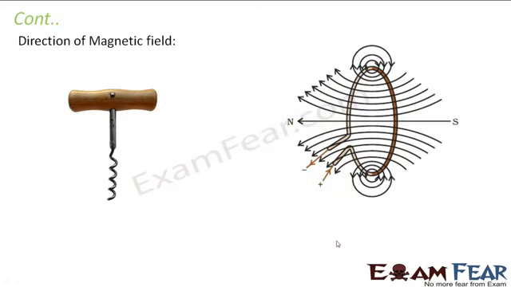Now the question is, how would we determine the direction of magnetic field in this case? Well, in this case, we know the direction of current. So here also we will use a rule similar to the right hand screw rule. In the right hand screw rule, the thumb represents current and the curled fingers represent magnetic field.